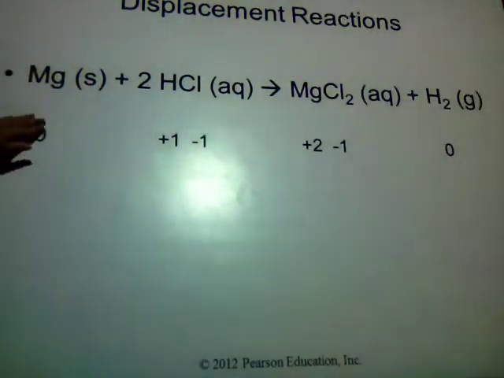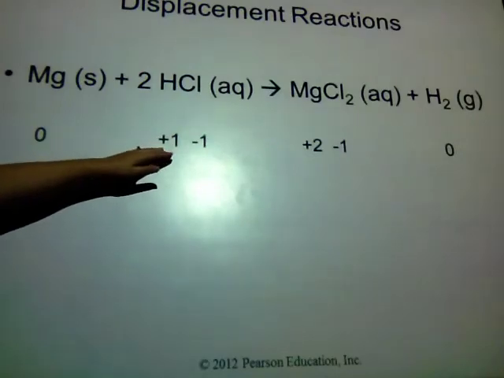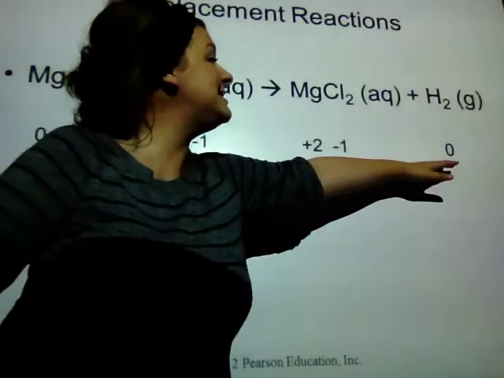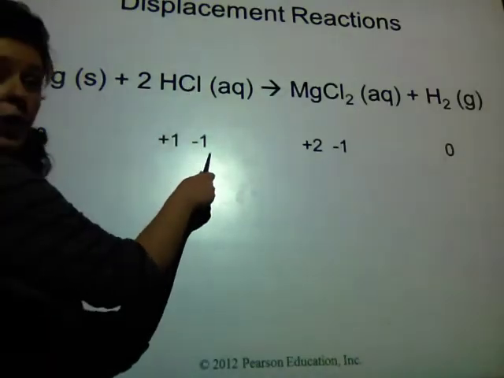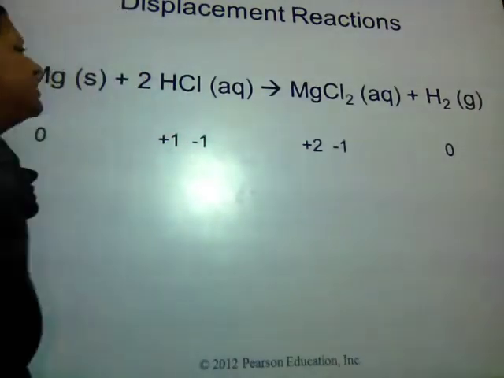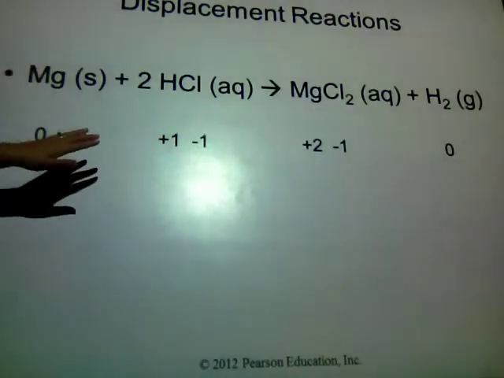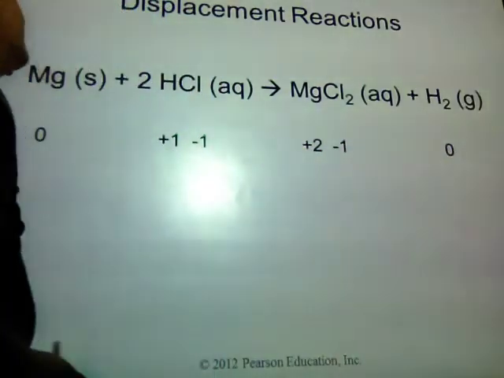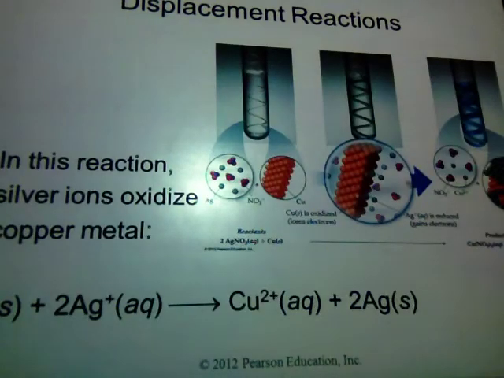So while magnesium was oxidized, hydrogen became more negative. It went from +1 to 0, so that means it must have gained electrons, so hydrogen is what was reduced. And I know that it wasn't chlorine because chlorine was a -1 on the reactant side, and on the product side it was still a -1. Because they were both -1, chlorine didn't change at all. So magnesium oxidized, hydrogen reduced. So displacement reactions also show redox reactions as well.